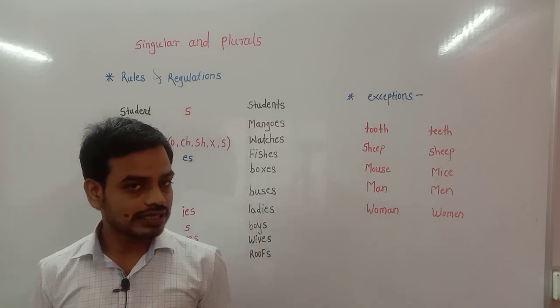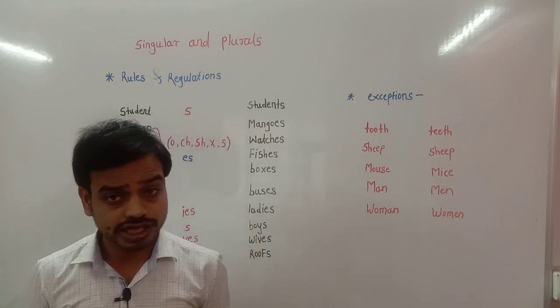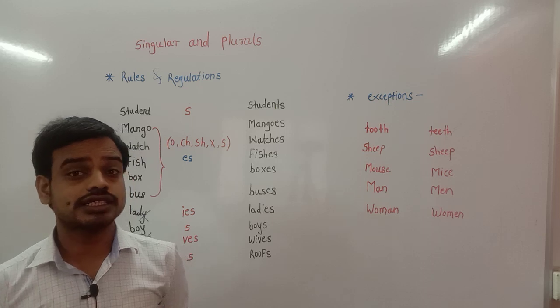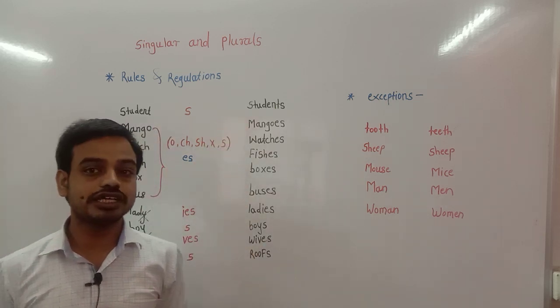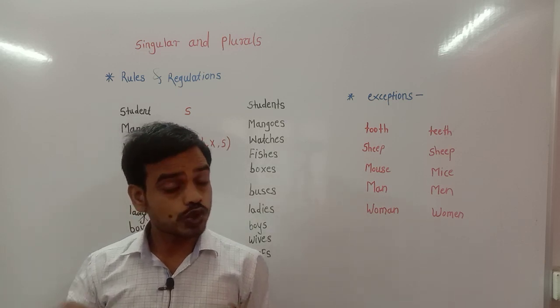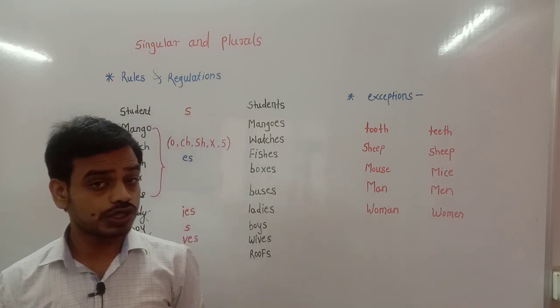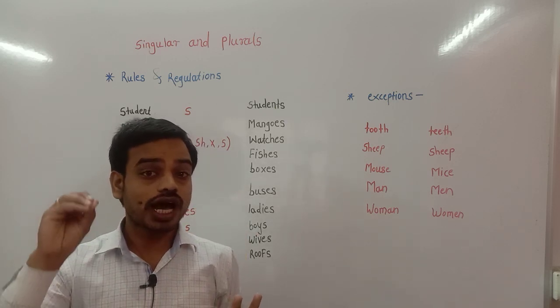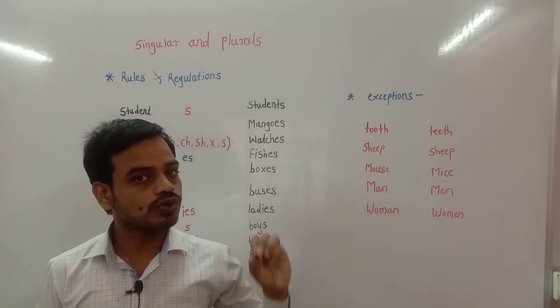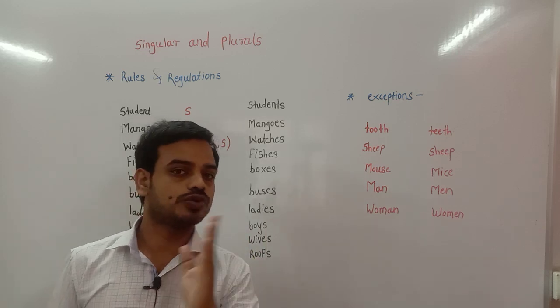If you listen to my lecture very carefully, definitely you will understand the exact meaning of singular and the exact meaning of plural. If you want to convert singular into plural, you probably have lots of idea how to do it.